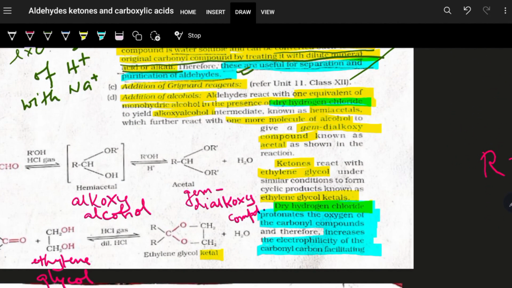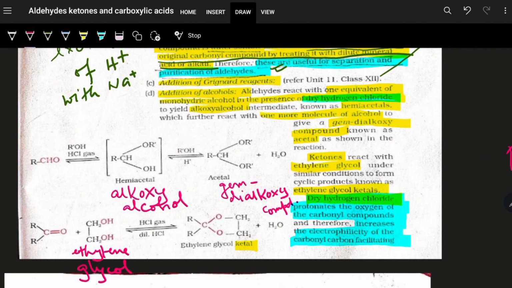Addition of alcohol. Alcohols also get added up. So let me see, R C double bonded O. What is happening? Addition of alcohol in one equivalent amount, 1 mole of alcohol, will give me hemiacetal, which is alkoxy alcohol. Why?